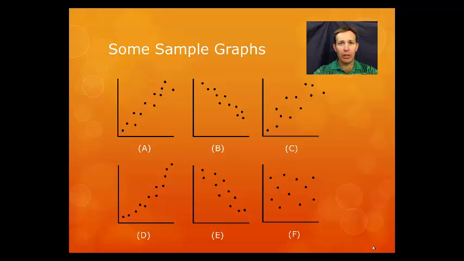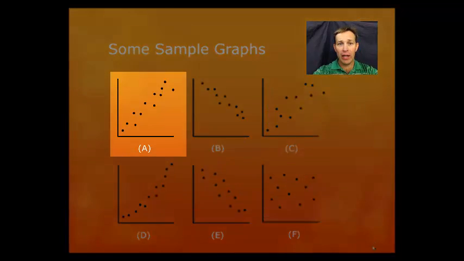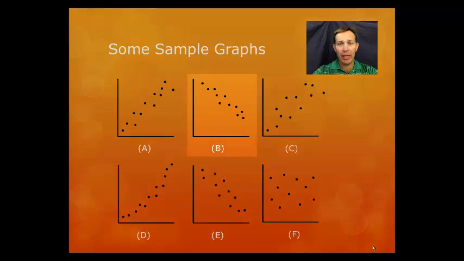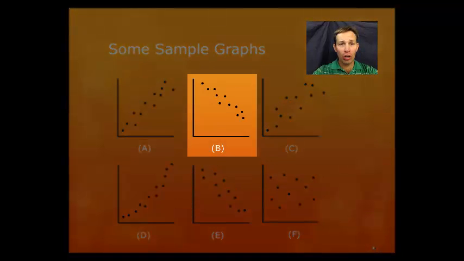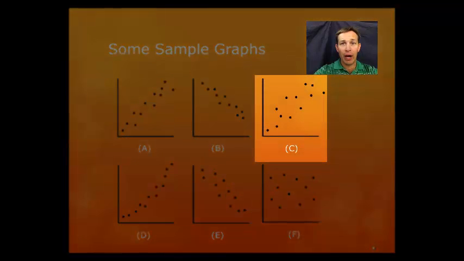For example, graph A shows a positive trend and a strong linear relationship. Comparatively, graph B has an equally strong relationship but has a negative trend, while graph C shows a positive trend but overall a weaker linear relationship.